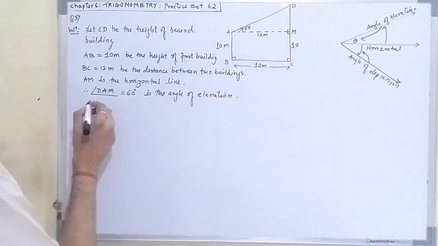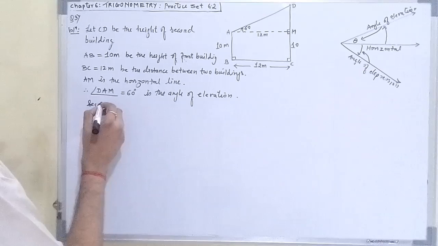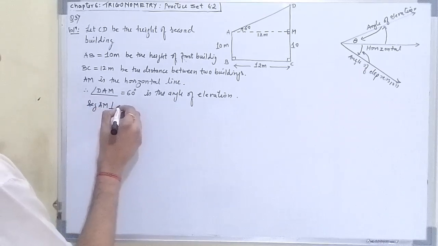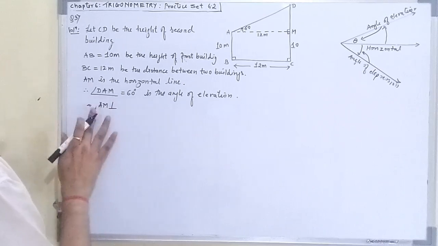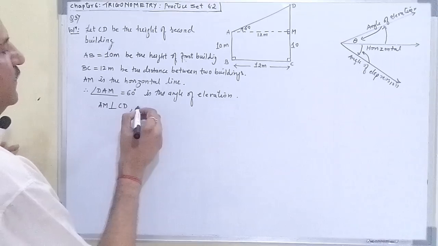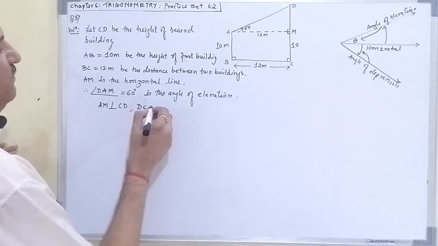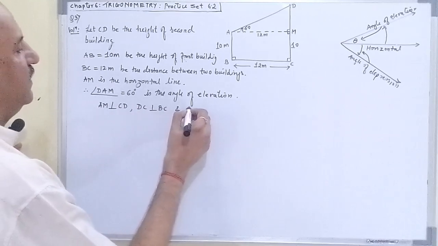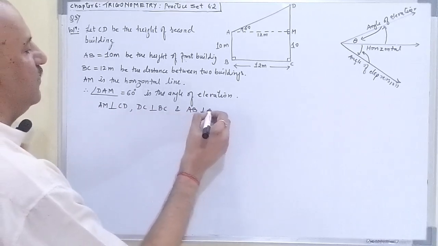Now, AM perpendicular CD, DC perpendicular DC, and AB perpendicular DC.